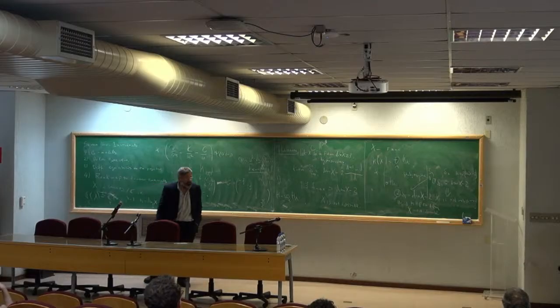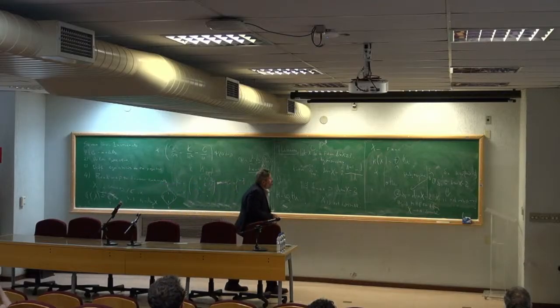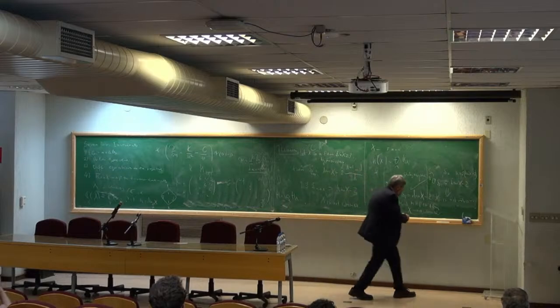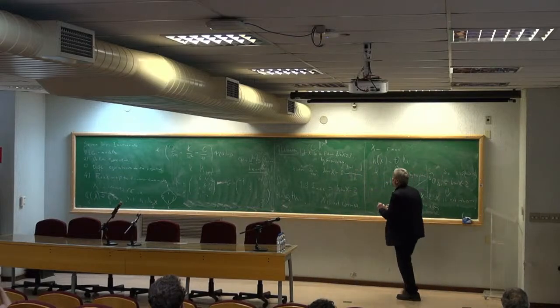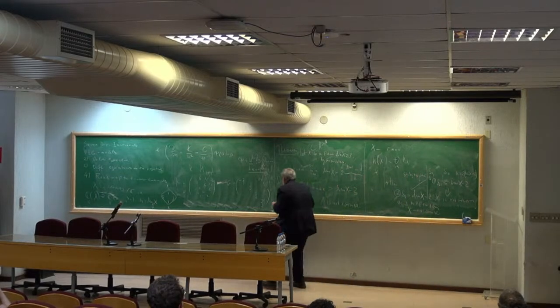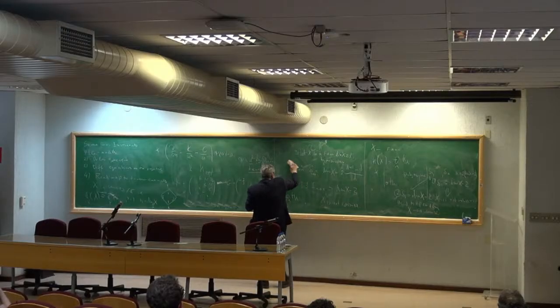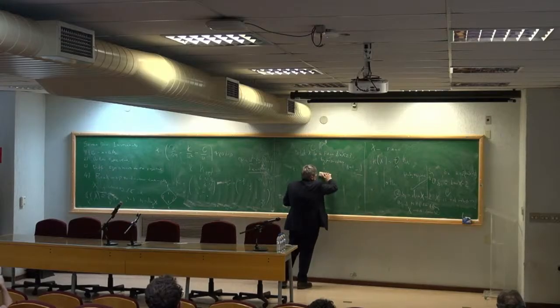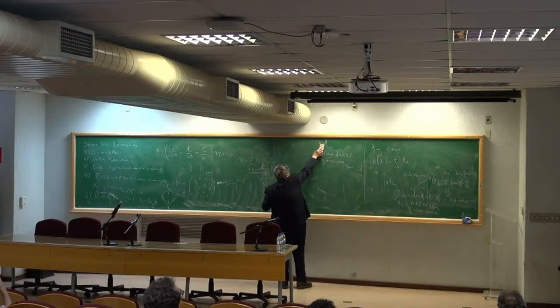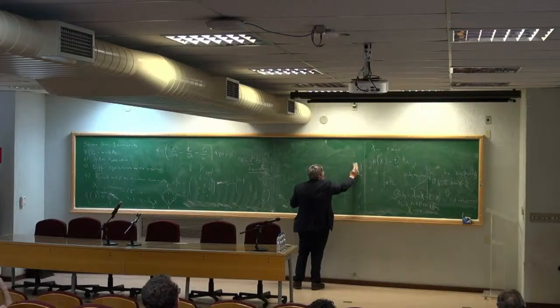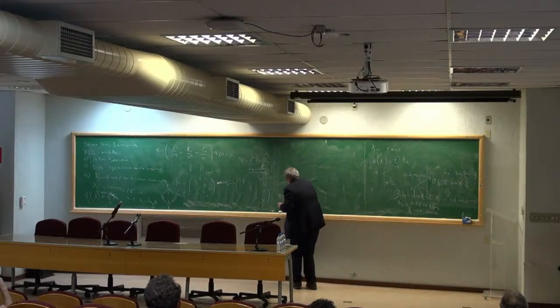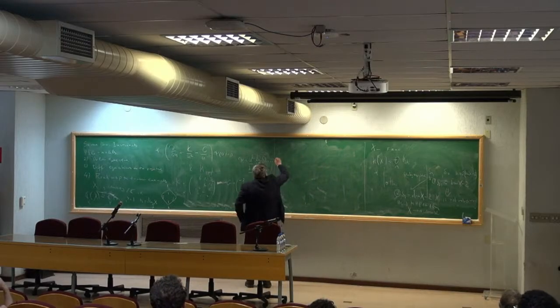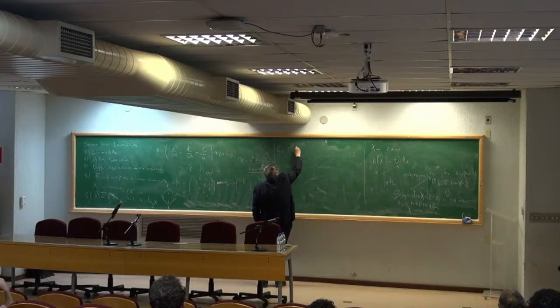So let me demonstrate. I mean, I can explain this roadmap, but let me just do one more example so that you see the point of it. And that is the cubic in P8, sorry, P7.